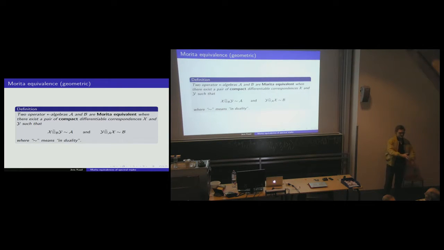And this just means that when I look at the C-star completion, then the left action of the C-star completion of A factorizes through the compacts. So that's what it means to be compact here. And then, okay, I can form these tensor products of differentiable correspondences. The tensor product of X and Y over B has to be in duality with A. And the tensor product of Y and X has to be in duality with B.